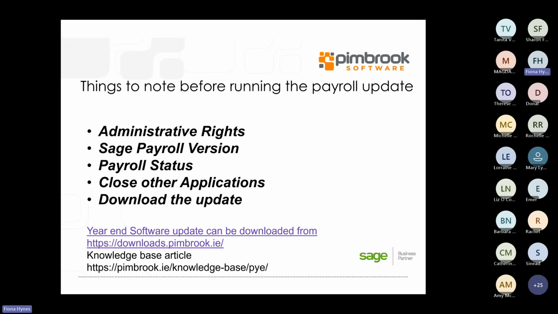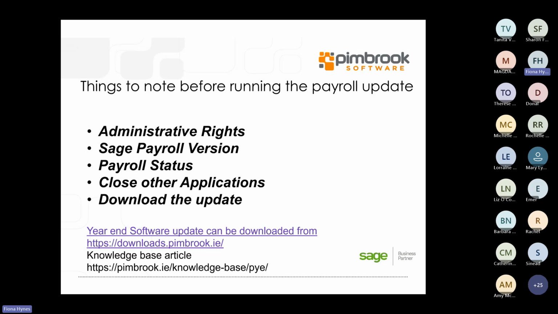So where do you get the payroll year-end software update, the version 27.3 install file? You may receive an automatic notification to download the update from within your software. It was released by Sage on the 11th of November, so it's been available for some time now. If you didn't get a notification, try clicking Help and Check for updates at the top of your screen.